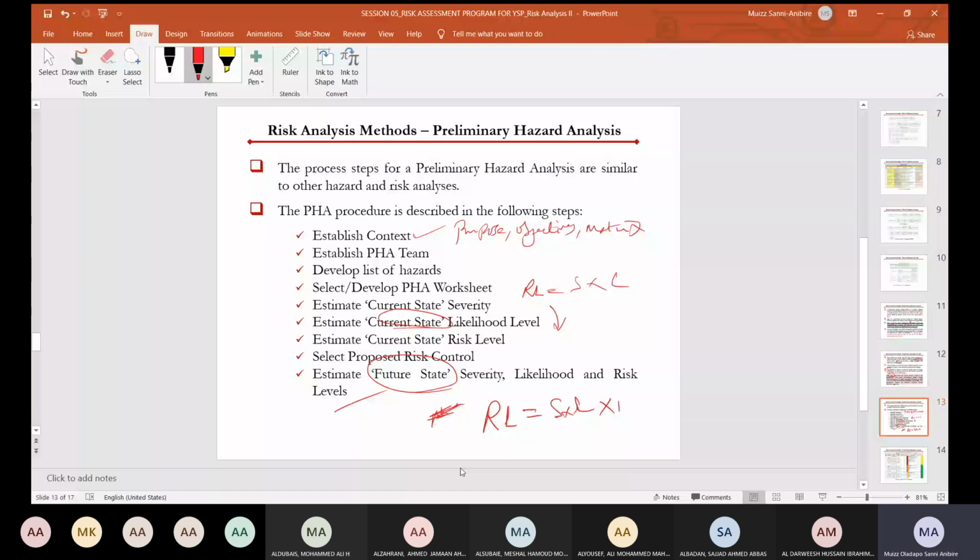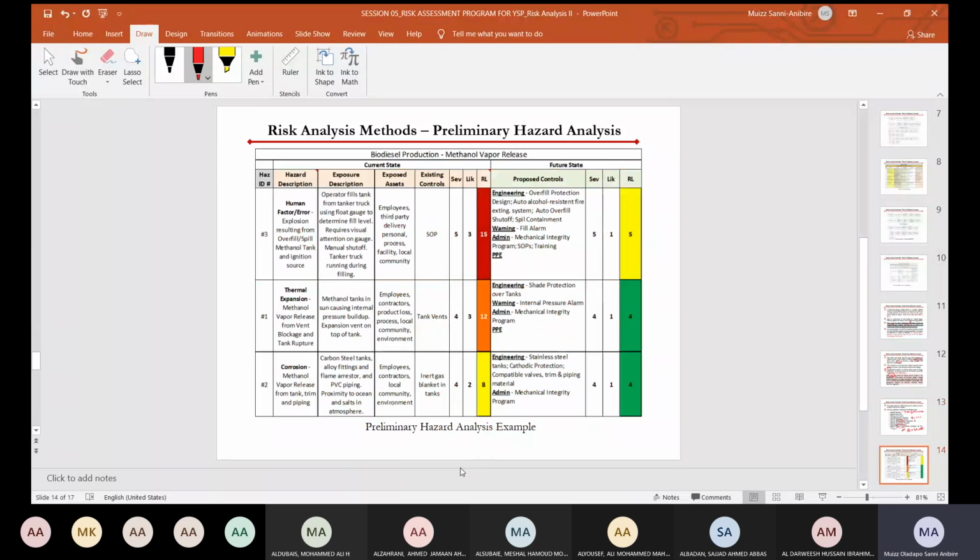Some prevention methods might be more effective than others. I believe we already explained some of these things in the previous lectures. So you estimate the future level of risk. If it is okay, then that's it. If it's not okay, you have to go back and carry out the risk assessment again for this particular risk.